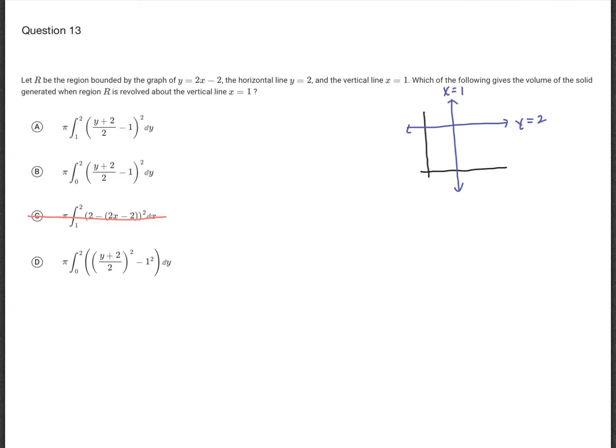So that'll be like, when x is 0, y is negative 2. When x is 1, y is 0.